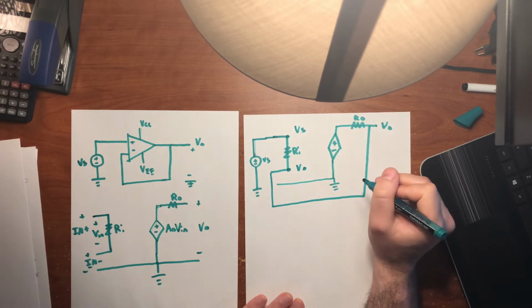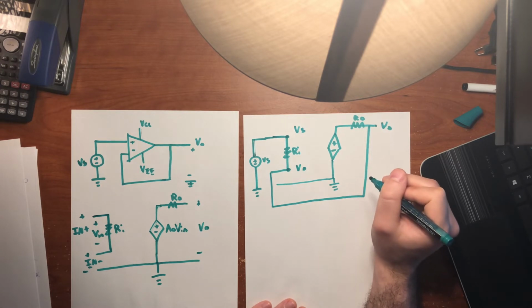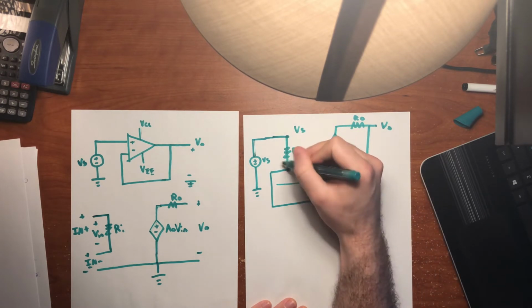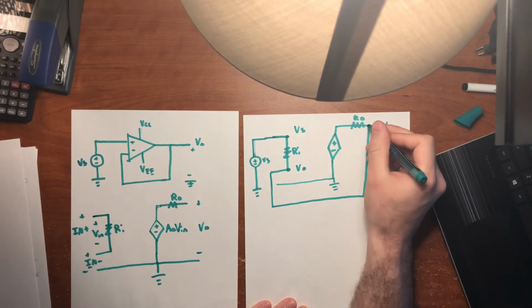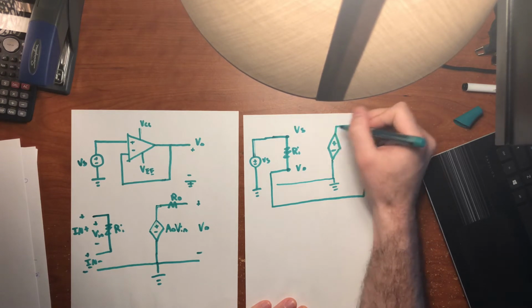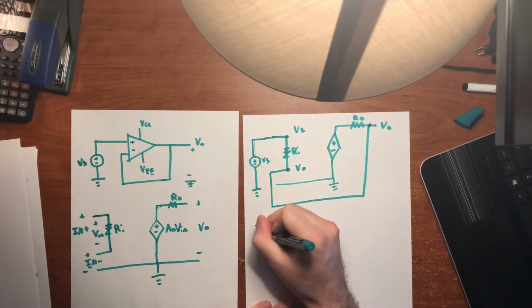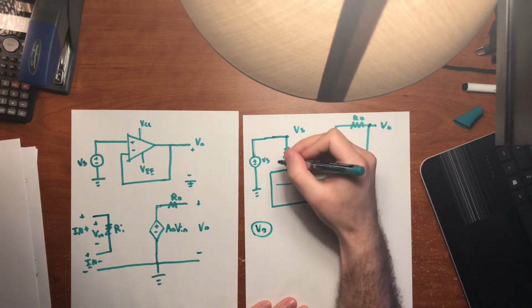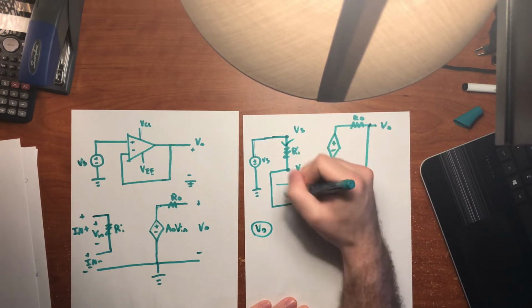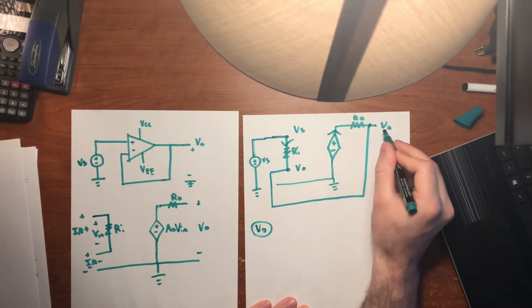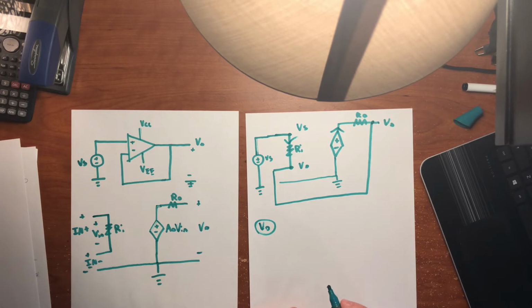So if we look at one of the nodes here, let's look at the V0 node. We have current going this way and current going this way, so we have two currents going into V0.